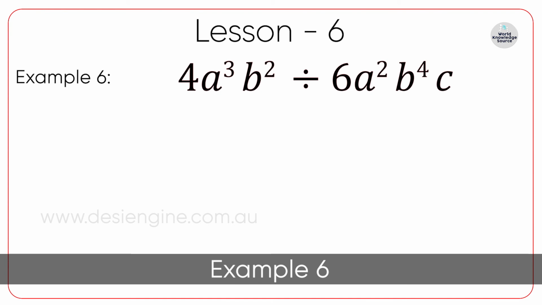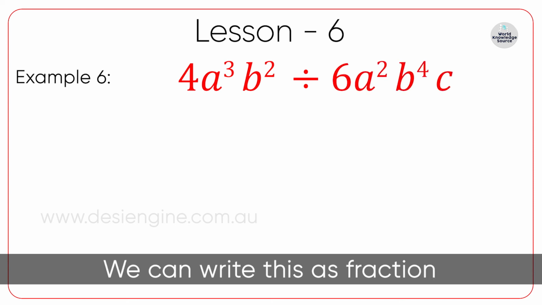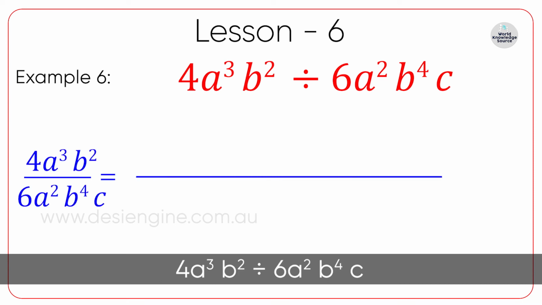Example 6. 4a power of 3 b power of 2 divide 6a power of 2 b power of 4 c. We can write this as a fraction, 4a power of 3 b power of 2 over 6a power of 2 b power of 4 c.